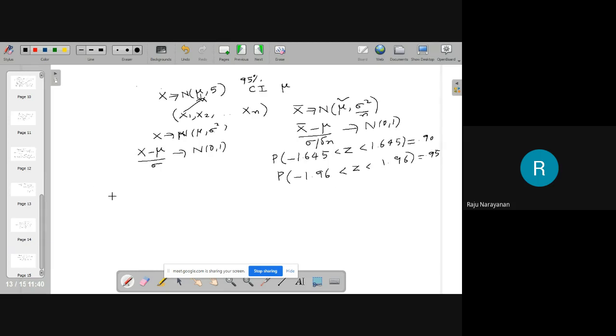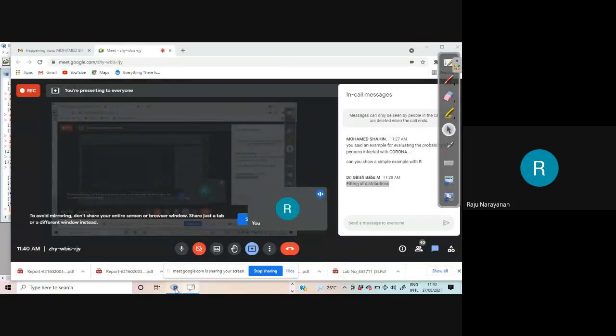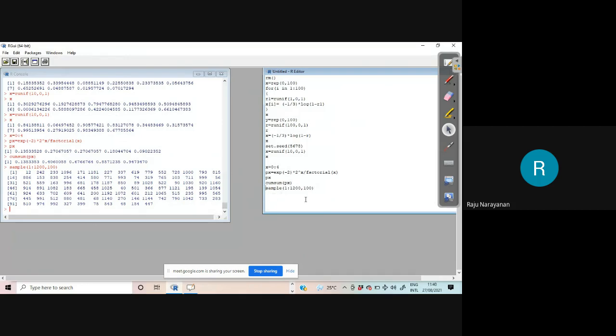Yesterday we have seen this one, and even now I can show you. You just take the quantile function, qnorm. For 0.025, you should get minus 1.96.